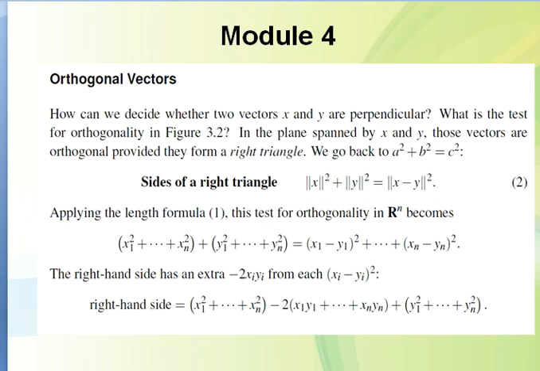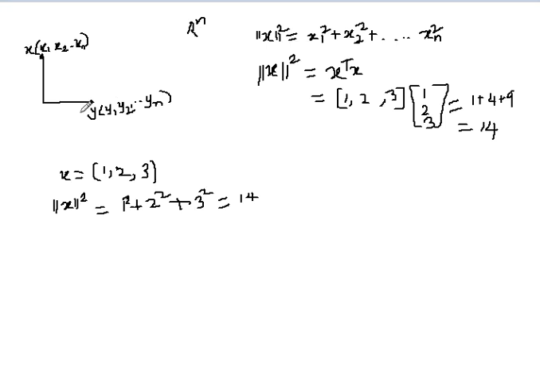So x squared plus y squared, the magnitude squared, is equal to x minus y the squared. The meaning of this is the Pythagoras theorem itself.